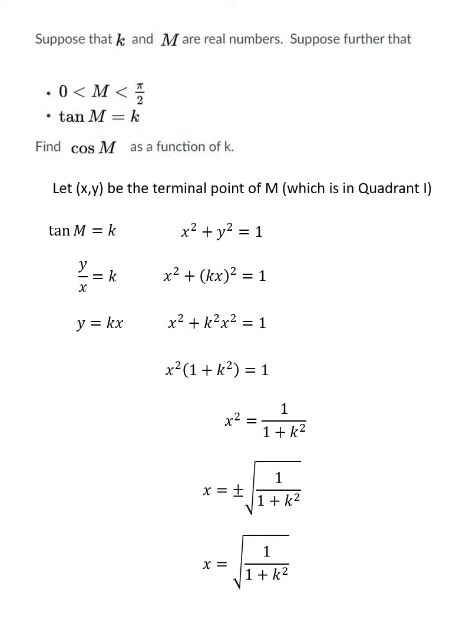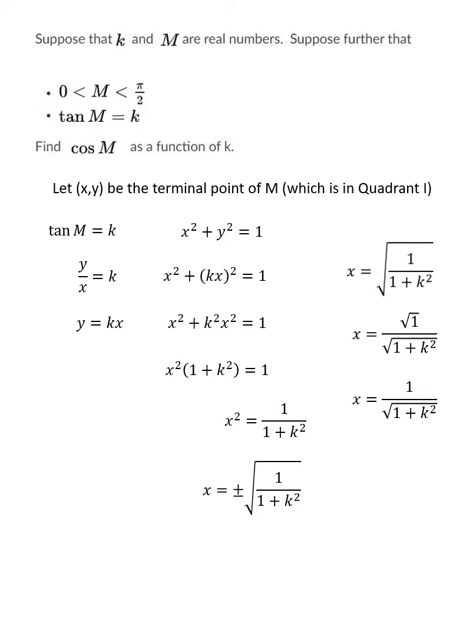So now, what have we done? Well, we have found x as a function of k, which is essentially what we want to do, because the cosine of m is x. But let me simplify this a little bit before we conclude this problem. First of all, while radicals typically don't distribute, they do distribute to a fraction. I can further simplify the numerator here because the square root of 1 is 1, of course.